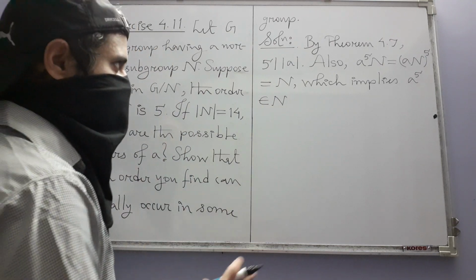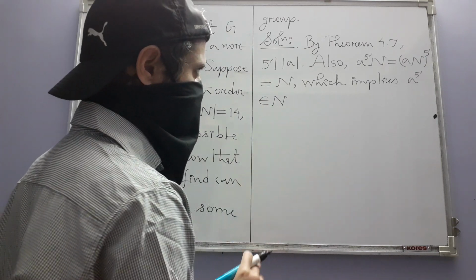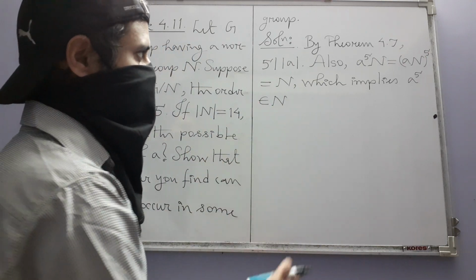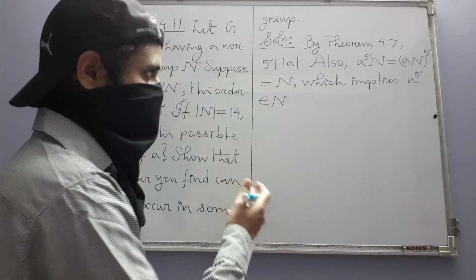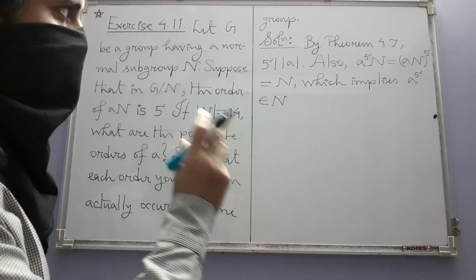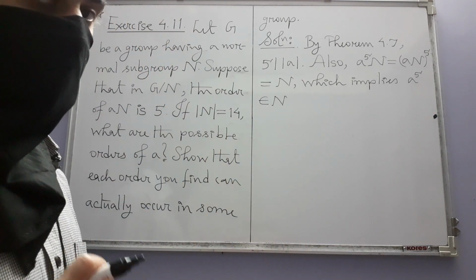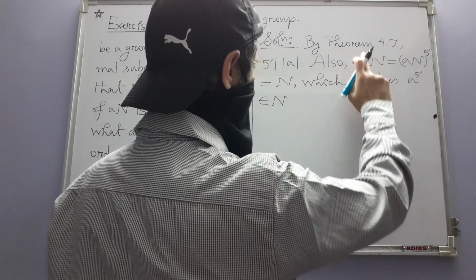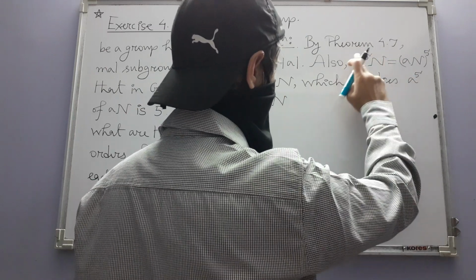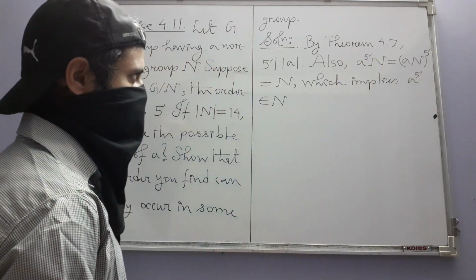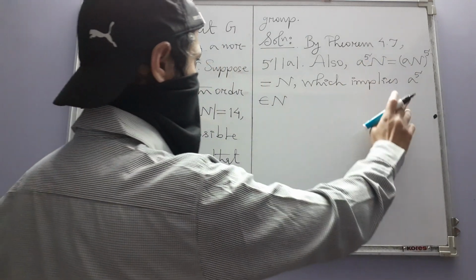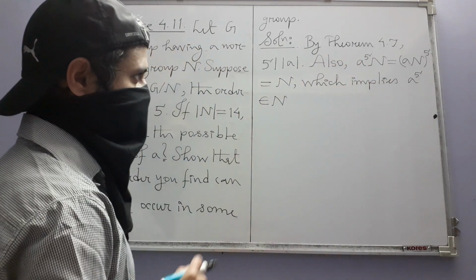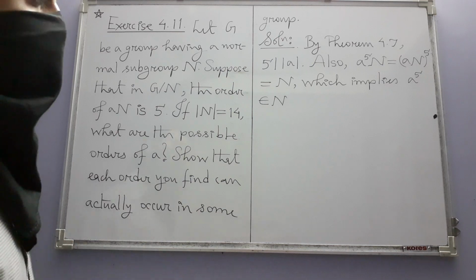That's because we know that the left cosets of N form a partition of G. And because these are sets in a partition, distinct sets should be disjoint. Now we know that A to the power 5 belongs to this coset, A to the power 5 N. But that thing is equal to N, so A to the power 5 must be in N.